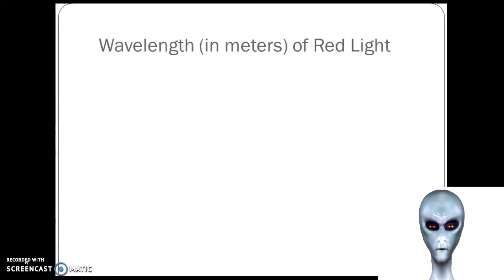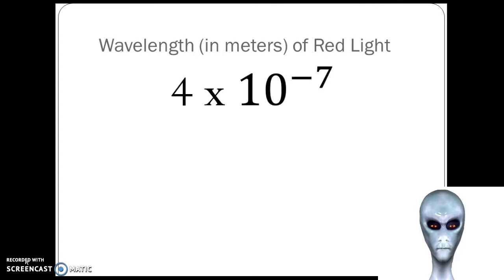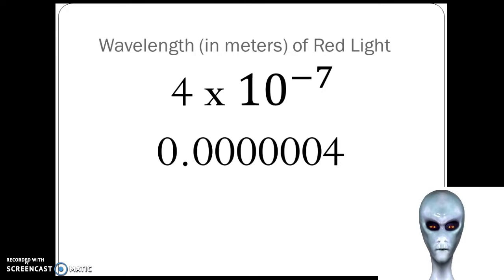In science, the wavelength of violet light, not red light, darn it, is measured in meters and is 4 times 10 to the negative 7th power. So 4 times 10 to the negative 7th power is written in scientific notation. In order to convert it from scientific notation to standard form, this is what the number would look like.